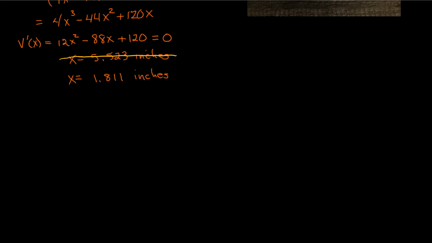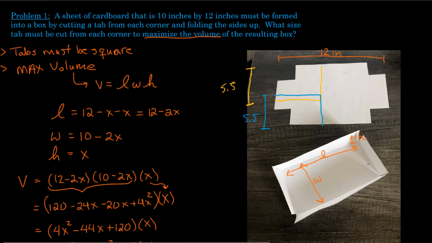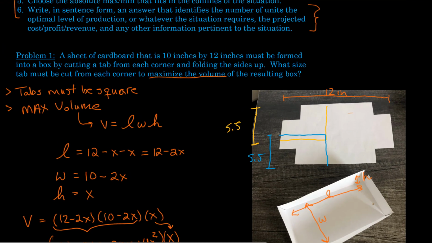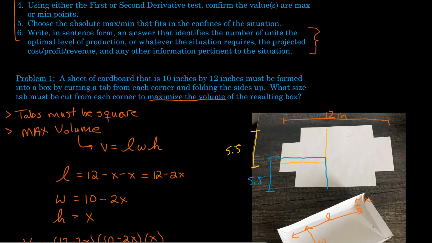What we want to do now is consider our value x equal to 1.811 inches, which says each side of the tab is 1.811 inches, almost 2 inches. Before we go any further with building the box, let's check and see what our steps are. Step 4, now at the top of the screen.